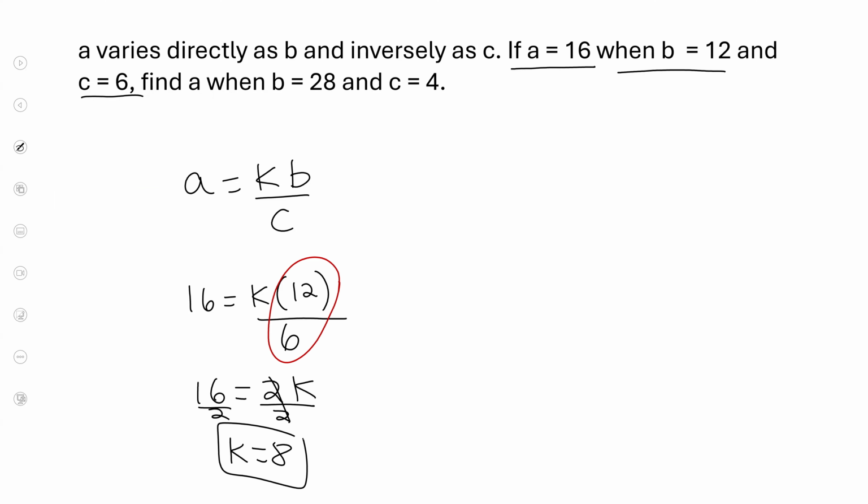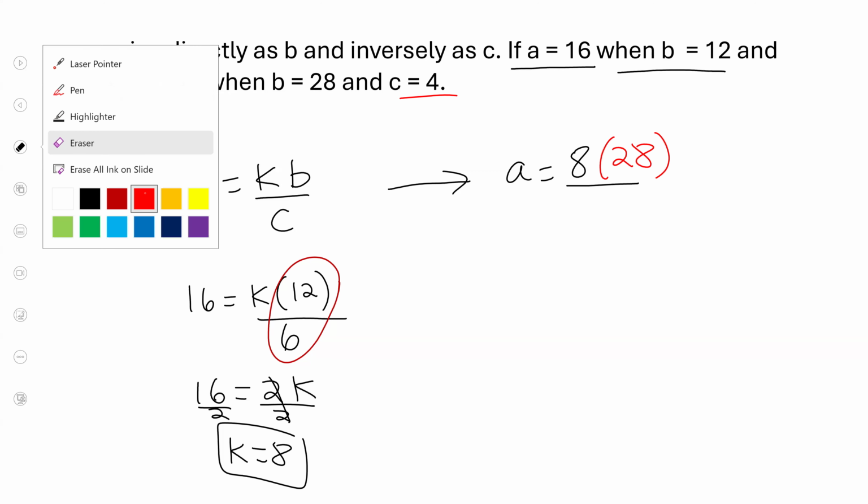Okay, so we found that. So my equation is actually A equals 8 times B over C. Now, find A when B is 28. B is 28, and C is 4.